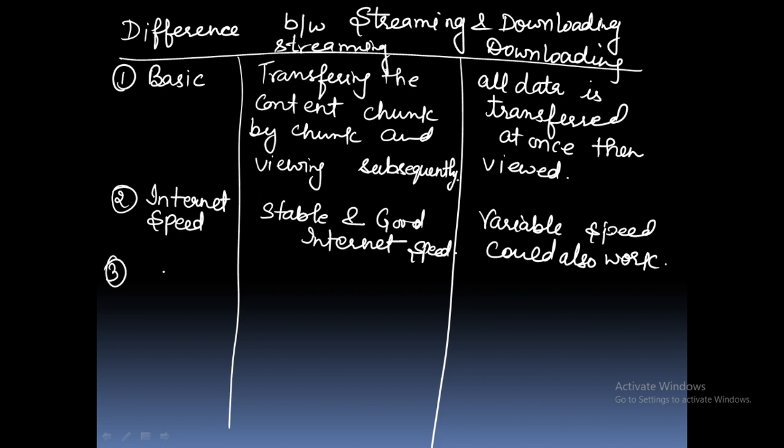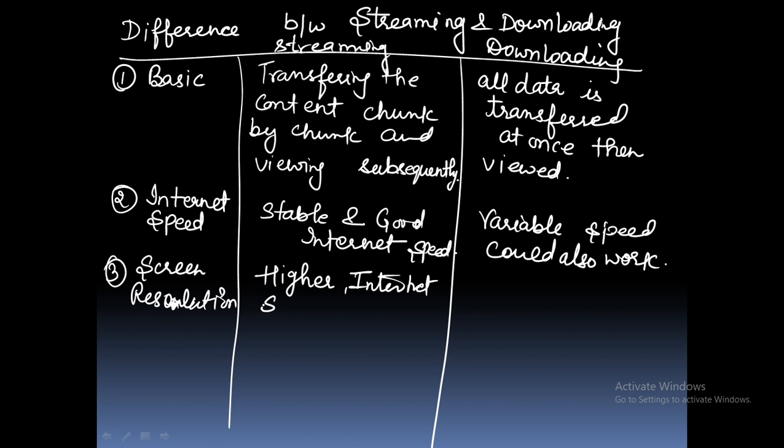And the third difference is according to screen resolution. In streaming, it could be higher if the internet speed is good. Higher when internet speed is good.